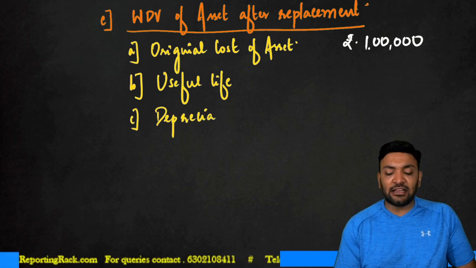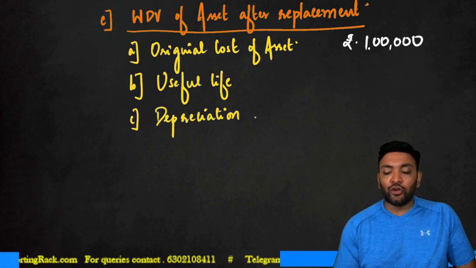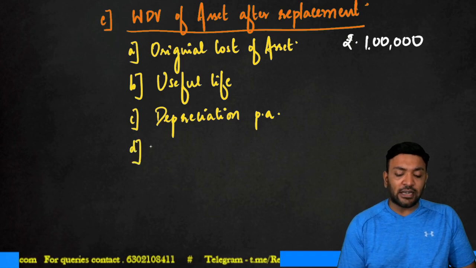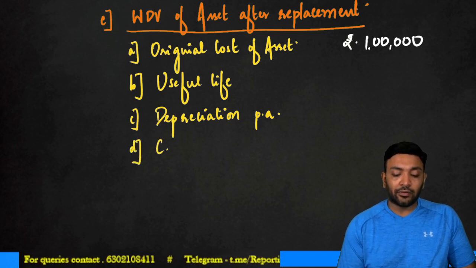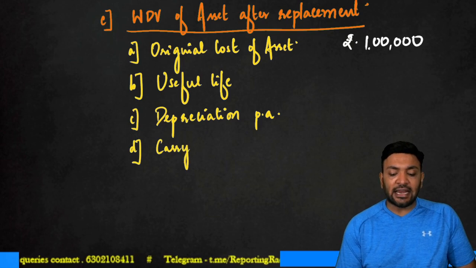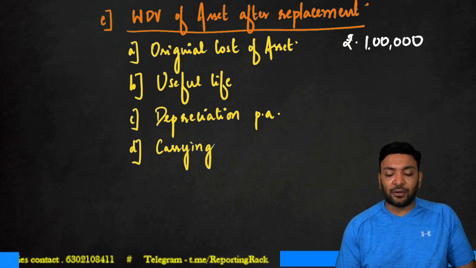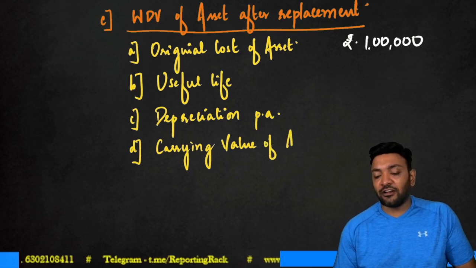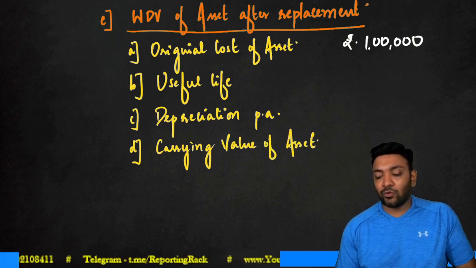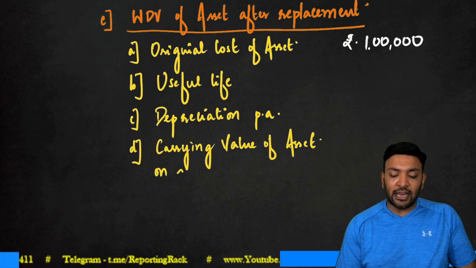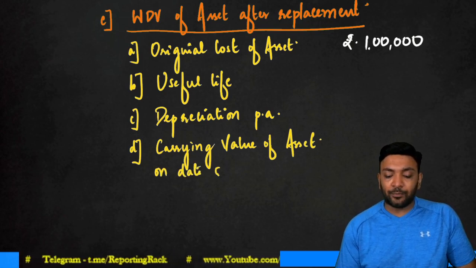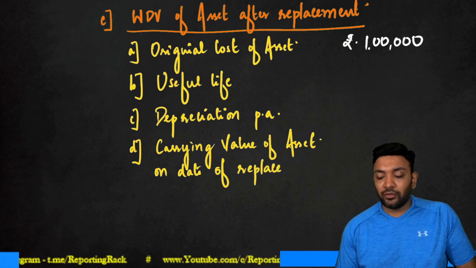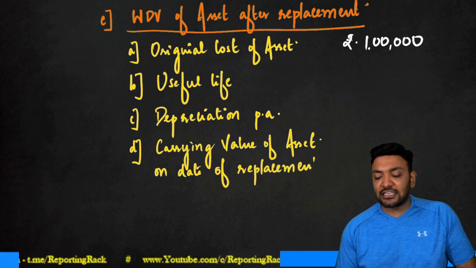Once you identify it, you can identify the WDV, or the carrying value of the asset, on the date of replacement, that is at the end of year 6.